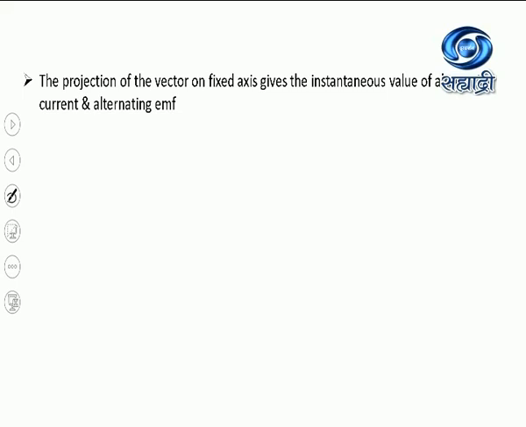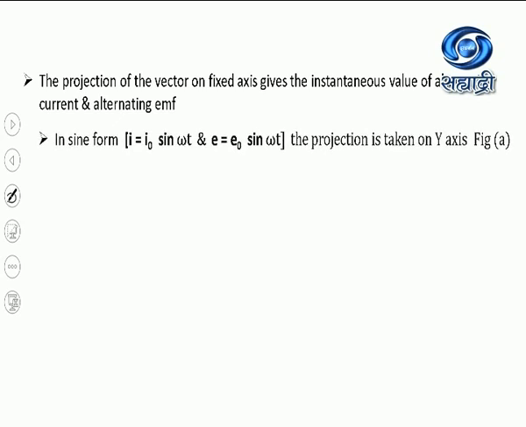The projection of the vector on a fixed axis gives the instantaneous value of alternating current and alternating EMF. In sine form, we have the equation I is equal to I naught sin omega t, or E is equal to E naught sin omega t. Then the projection is taken along the y-axis for the sine form.